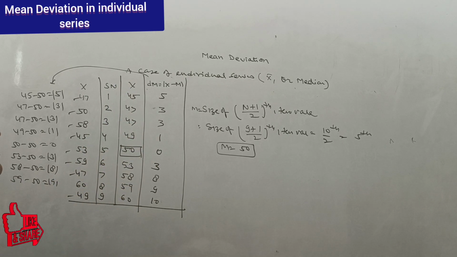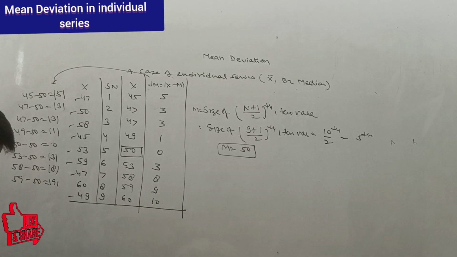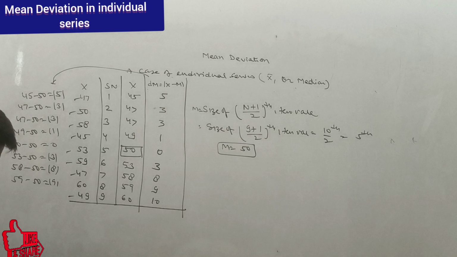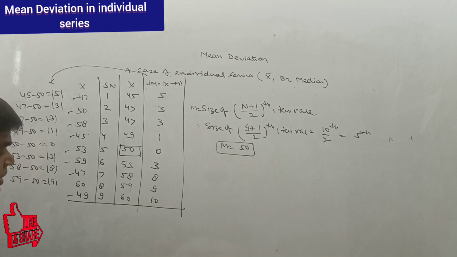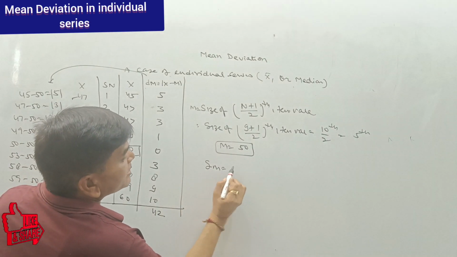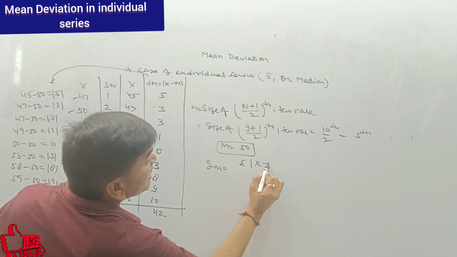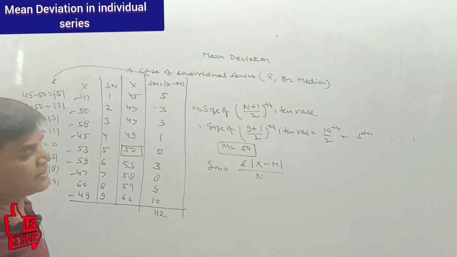So the very first thing, we will add all these items, that is 5 plus 3 plus 3 plus 1 plus 3 plus 8 plus 9 plus 10, that is 42. So the mean deviation is sigma |x minus M| divided by n.